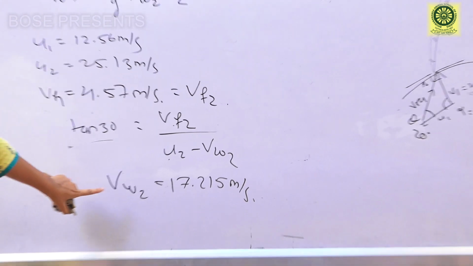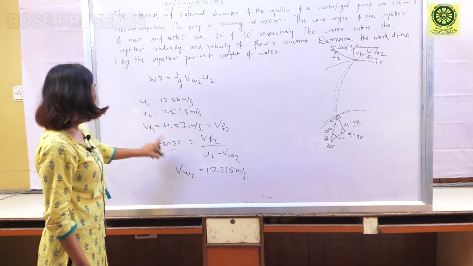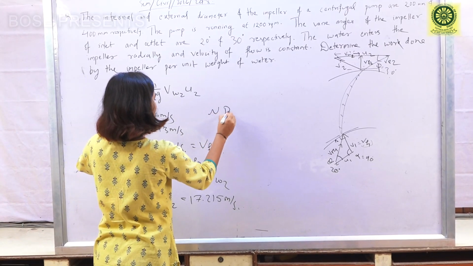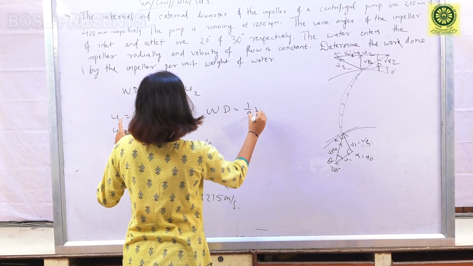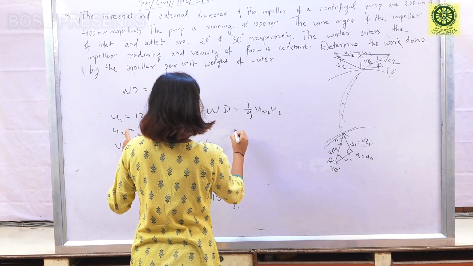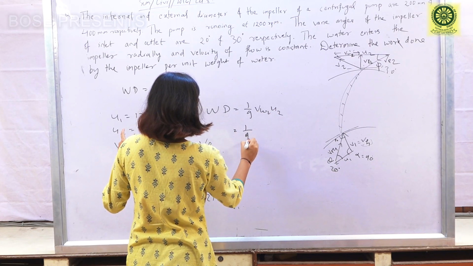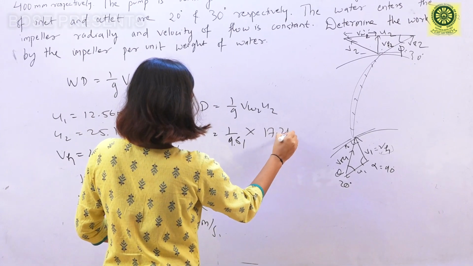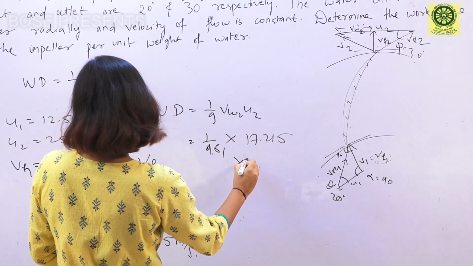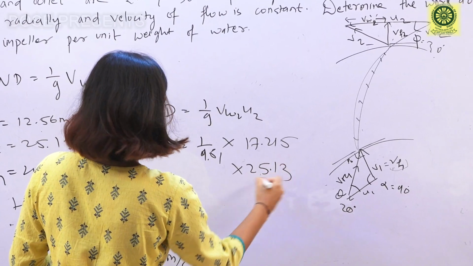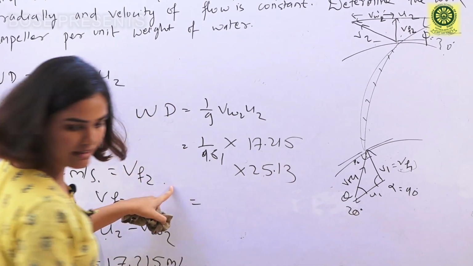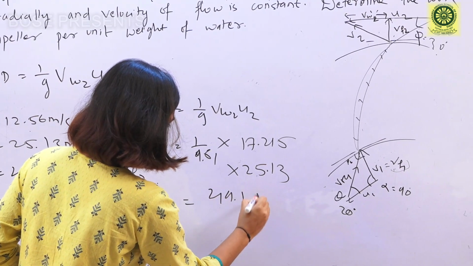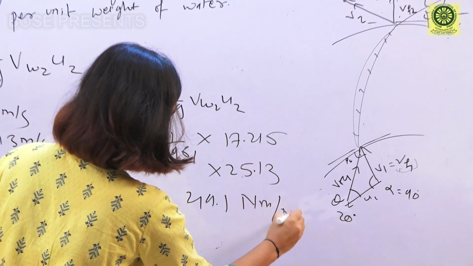So finally we found out the value of Vw2 and U2. If we put these values in the work done equation, which is 1 by g Vw2 U2, that is 1 by 9.81 into 17.215 into U2, which is 25.13, we will get the final result as 44.1 Newton meter per Newton.